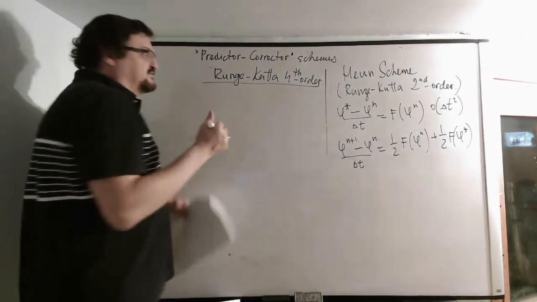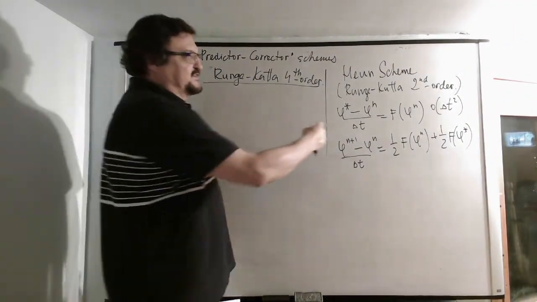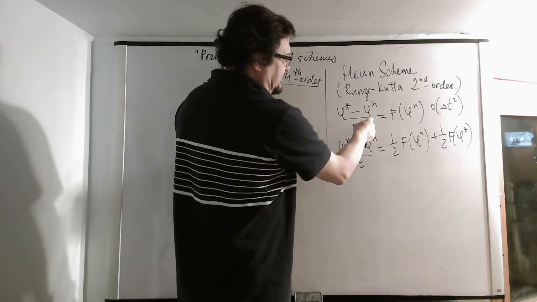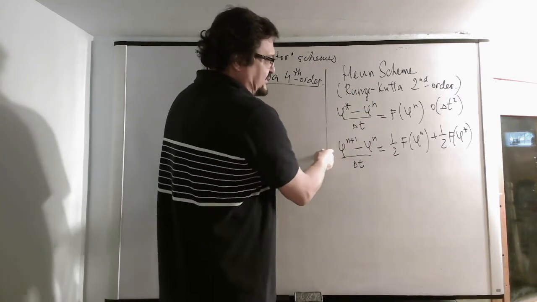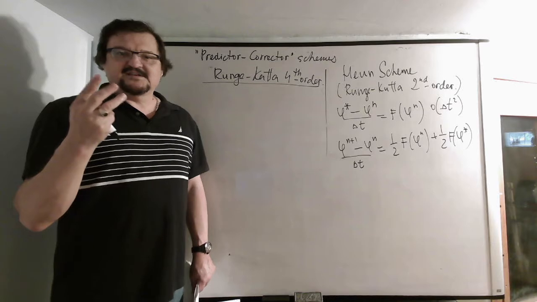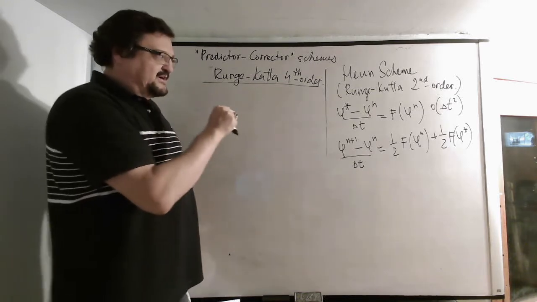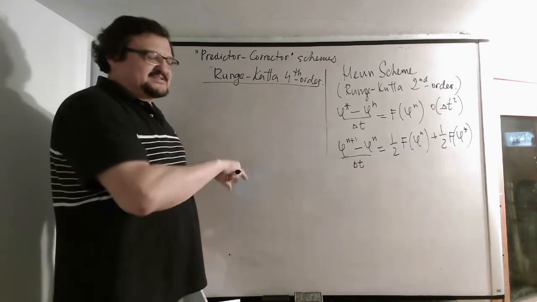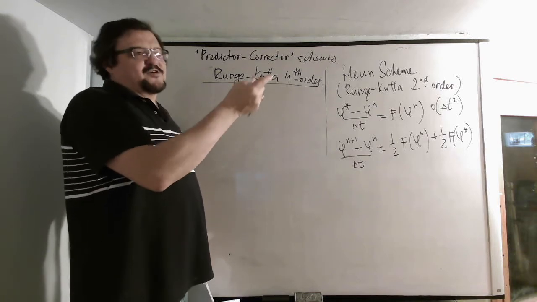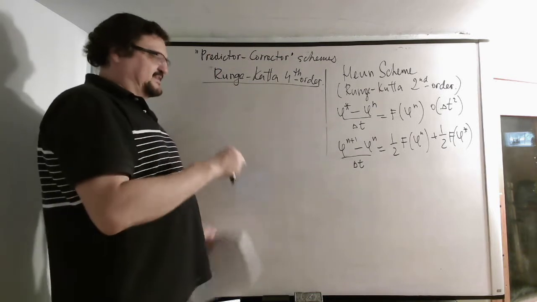So Runge Kutta involves four. It's similar to this Runge Kutta second, but there you had a predictor and a corrector. Here you have three predictors and one corrector, or it's basically predictor-corrector, where the previous corrector serves as a predictor for the next corrector, something like that.